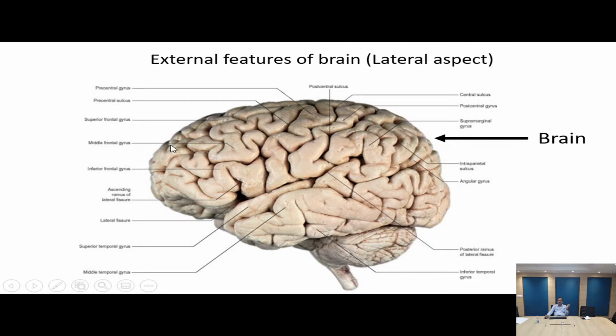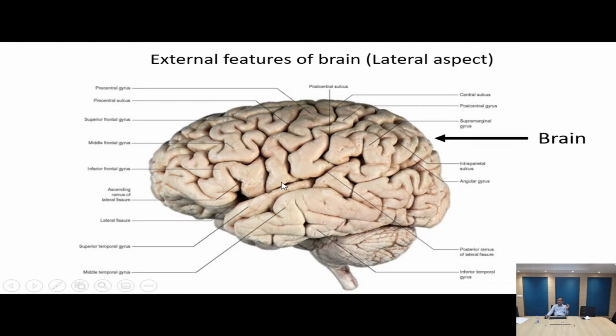You can see that many of the gyri are named, but you can just remember the gyri in front of and behind the central sulcus. The gyrus in front of the central sulcus is the precentral gyrus, and the gyrus behind is the postcentral gyrus. The precentral gyrus is where the muscles of our body are represented.